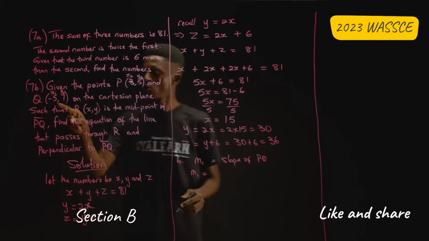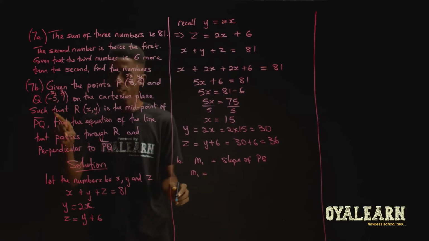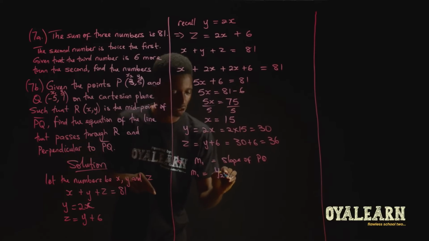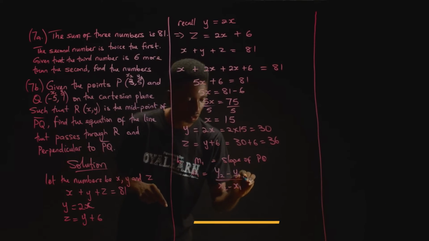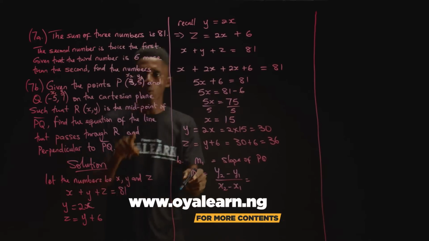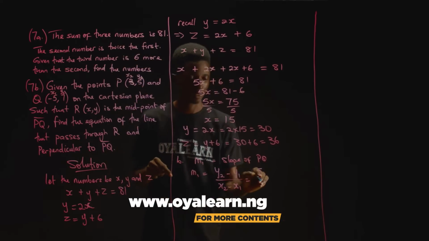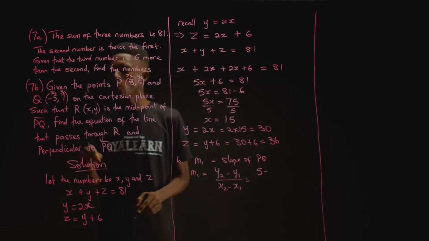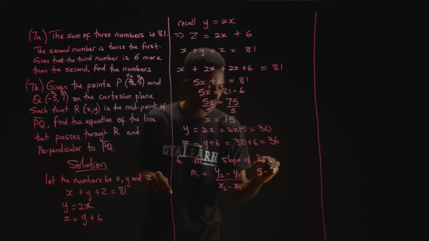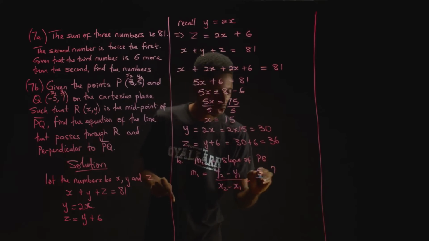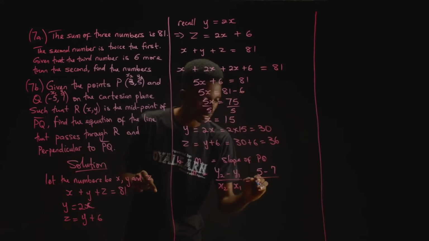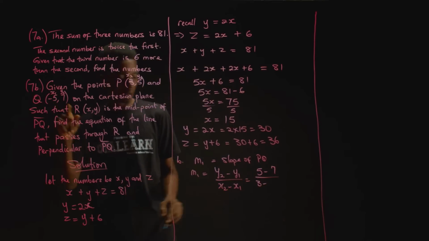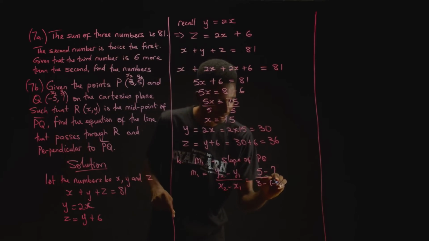So working with this, our slope will be given as y2 minus y1 over x2 minus x1, which is, now our y2 is 5 minus y1, which is 7, all over x2, which is 3, minus x1, which is minus 5.